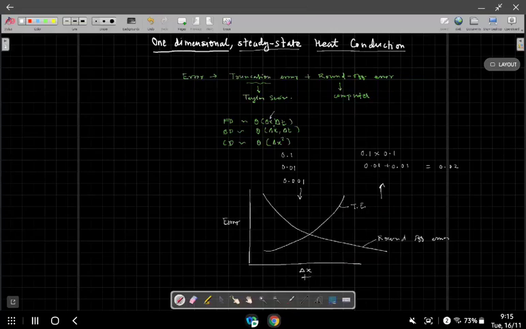As you decrease delta x, you see that there is a decrease in the truncation error but an increase in the round off error. If you increase delta x, then you see that the round off error reduces, but the truncation error goes on increasing.